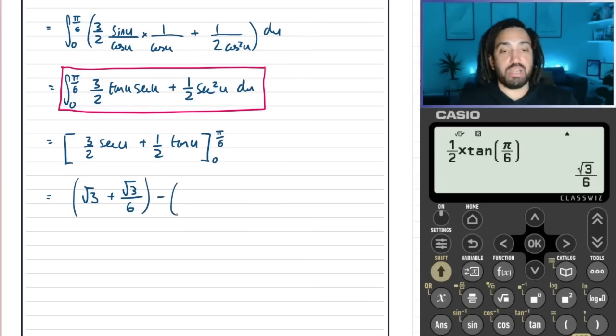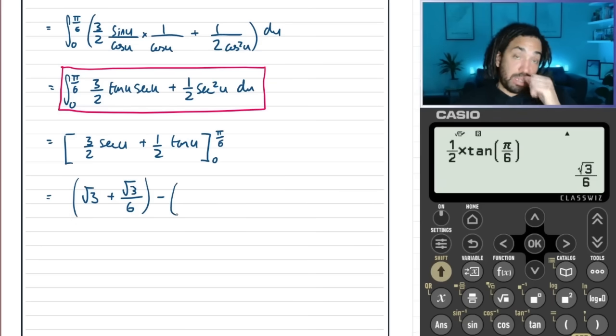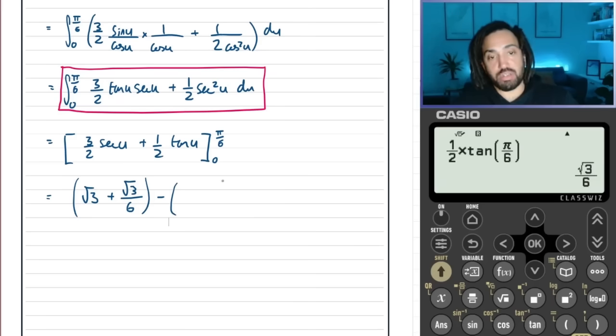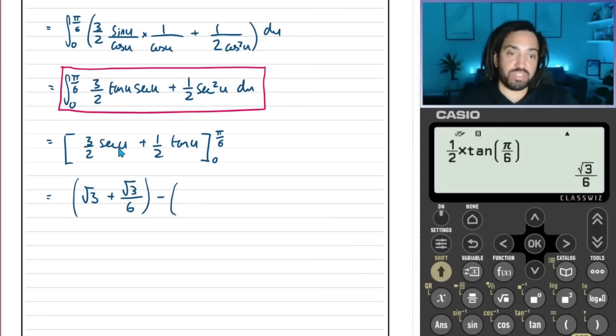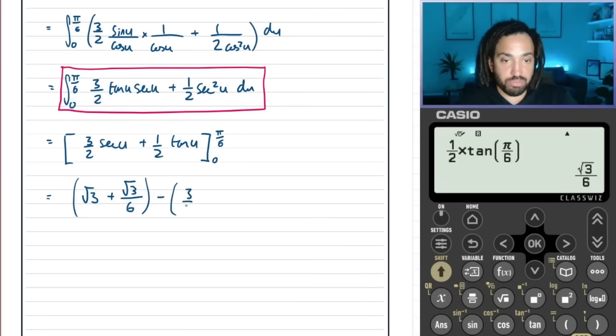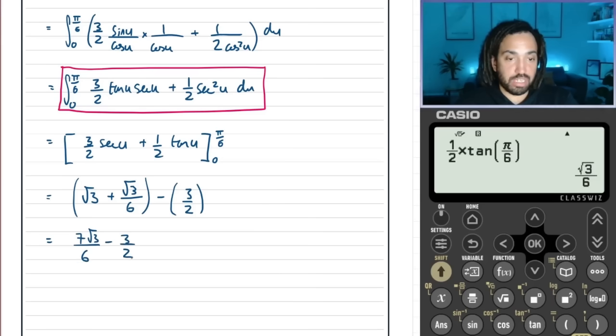And then we'll be minusing, and then when we sub in 0, well, cos of 0 we know is 1, so sec of 0 is also 1, so we just get 3 over 2, and tan of 0 is 0, so we don't get anything there. Okay, so add those two together, it gives us 7 root 3 over 6, and then minus 3 over 2 for our final answer to that beastly substitution.